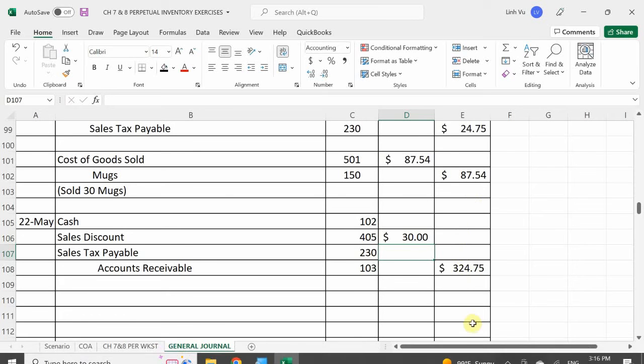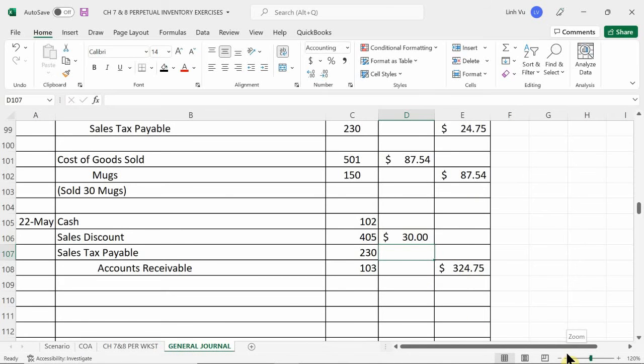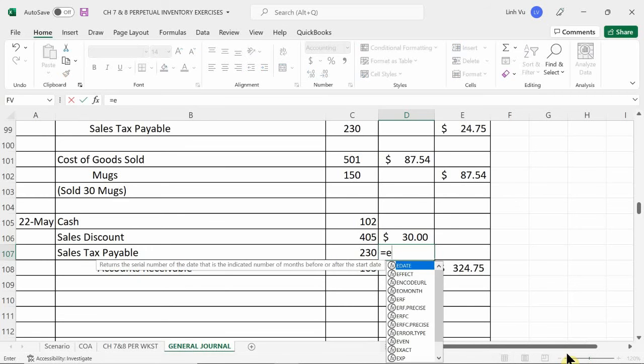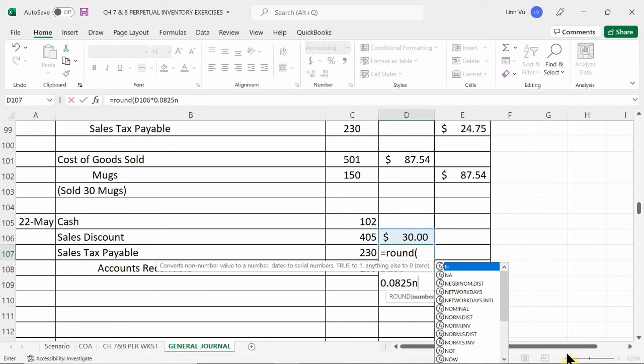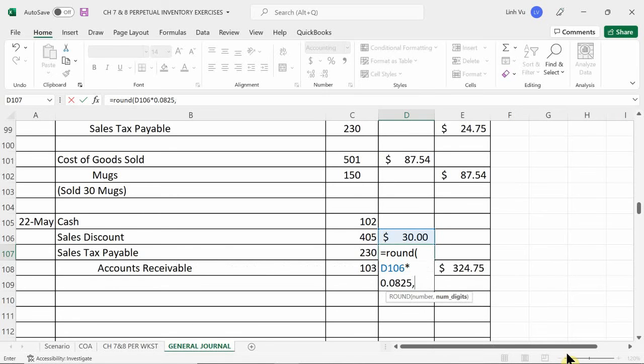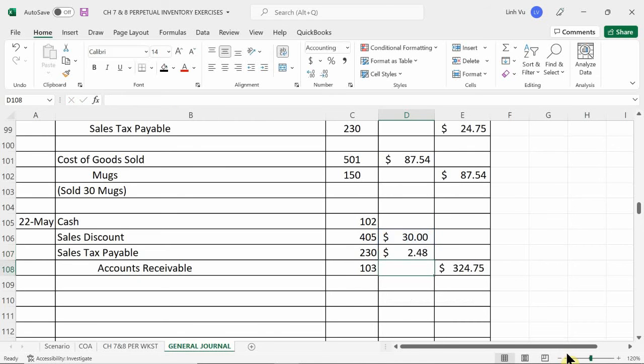So what portion of that discount did we charge tax on, which we have to take out as well? Just on the $30. $2.48. Those are the two numbers we have to calculate.